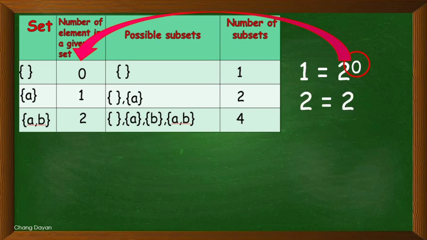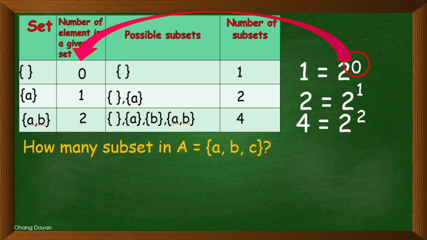Next is, alam natin, any number raised to 1 is equal to the number itself. So, 2 is equal to 2 raised to 1. Yung 1 galing sa number of element. Next one is 4. Saan galing yung 4? So, 4 is equal to 2 raised to 2. And then yung 2, again, na exponent, galing siya sa number of element in a given set.